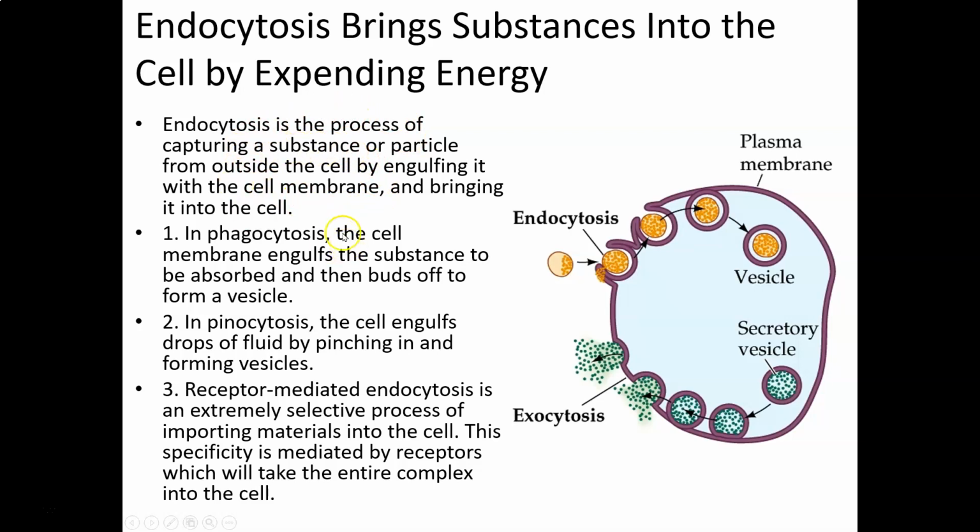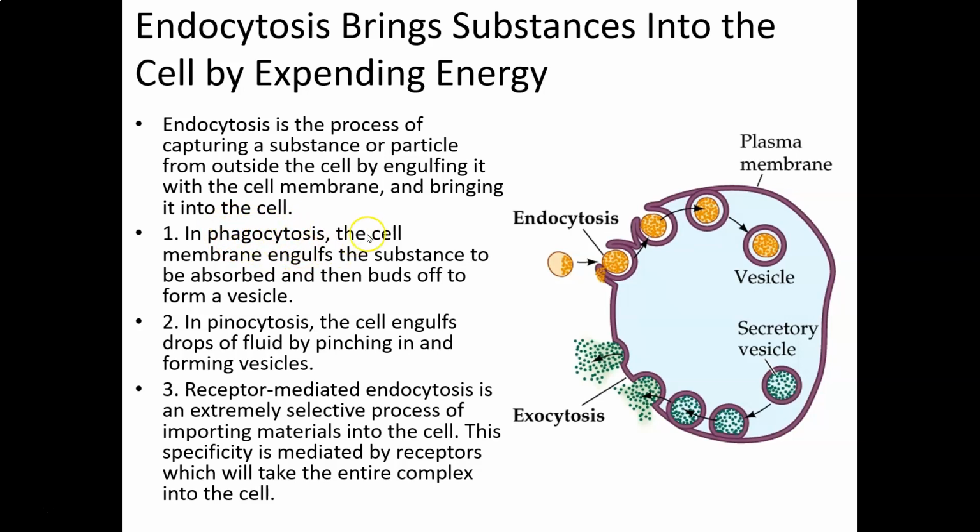There are a couple types of endocytosis I want you to be familiar with. One type is called phagocytosis, right? Phago refers to eating. Cytosis is cell process, basically.